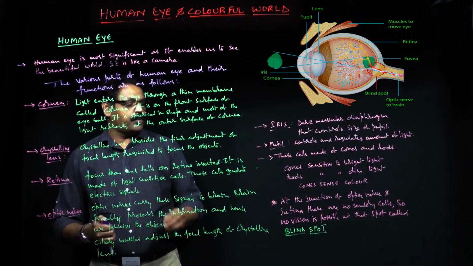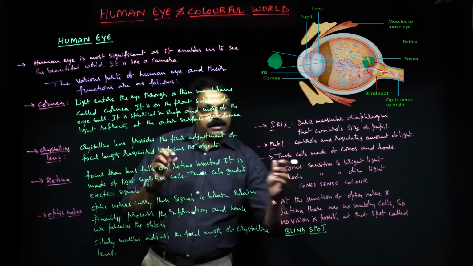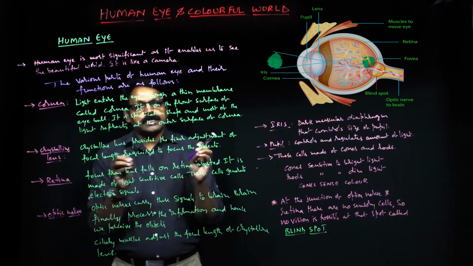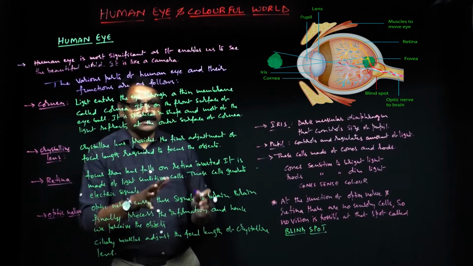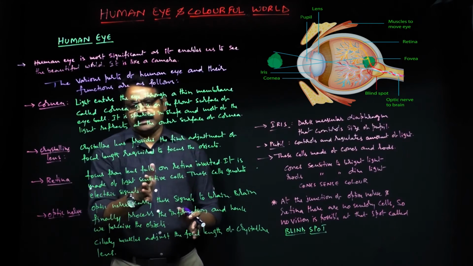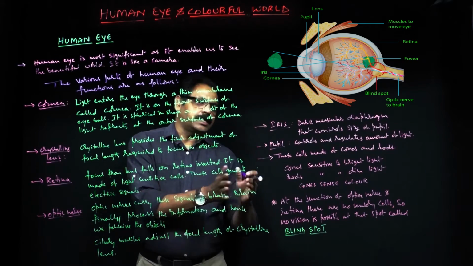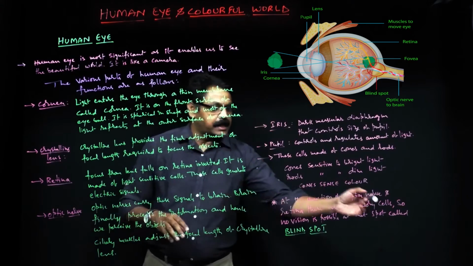And here one more point you need to remember: at the junction of the optic nerve and retina, there is no presence of sensory cells. The sensory cells, what I said here, are present in the retina, but at the junction where the retina meets the optic nerve, there are no such sensory cells.